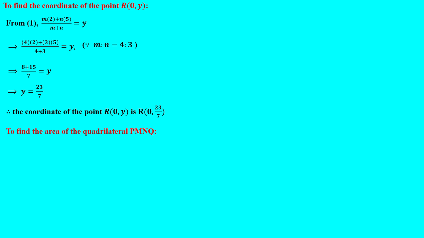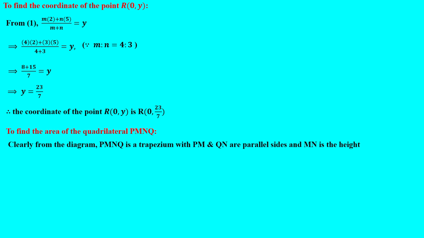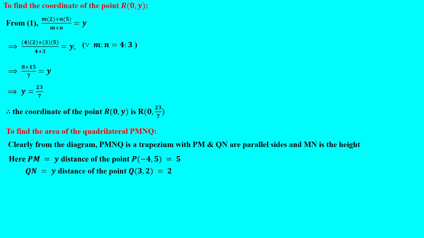Now to find the area of the quadrilateral PMNQ. Clearly from the diagram, PMNQ is a trapezium with PM and QN as parallel sides and MN as the height. Here PM equals the y distance, the y coordinate of the point P(-4, 5), that is 5. QN equals the y distance, the y coordinate of the point Q(3, 2), that is 2. OM equals the x distance, the x coordinate of the point P(-4, 5), that is 4.